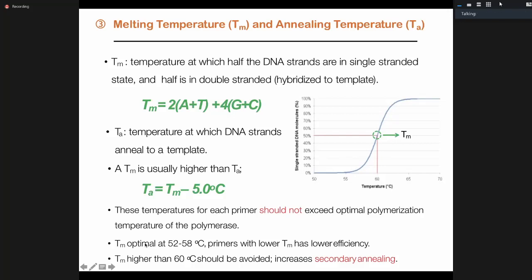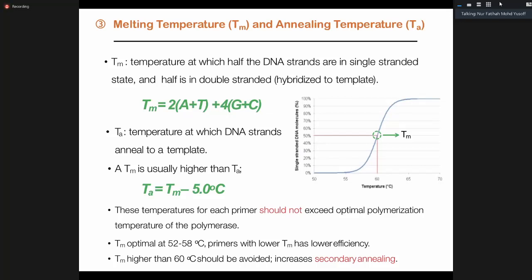Optimal melting temperature is 52 until 58. Primers with lower melting temperature have lower efficiency. This may produce non-specific PCR products, so you probably want to increase your melting temperature.